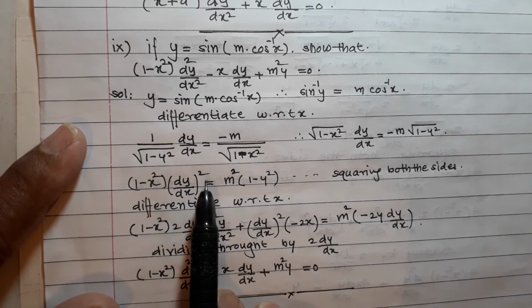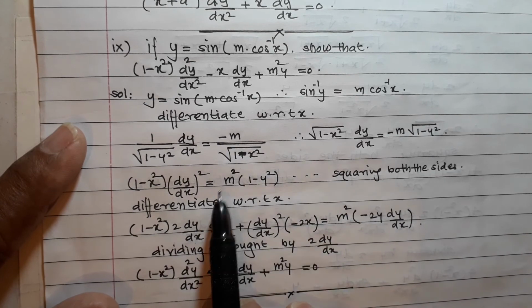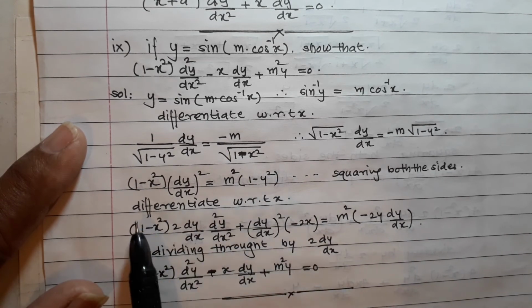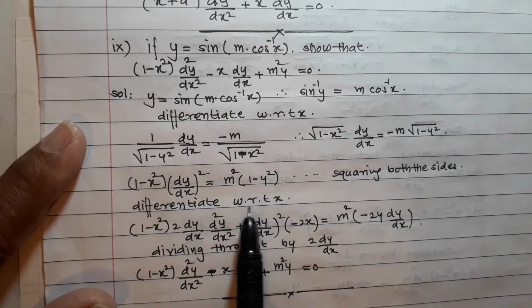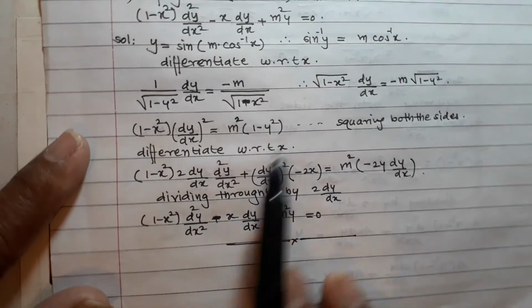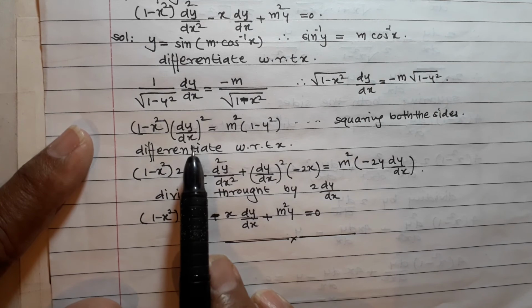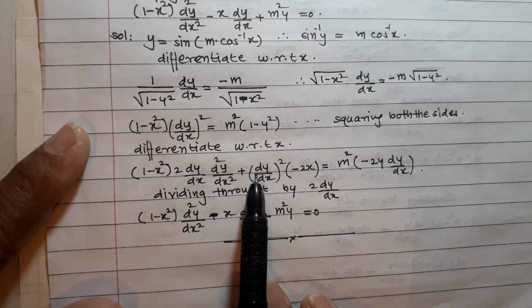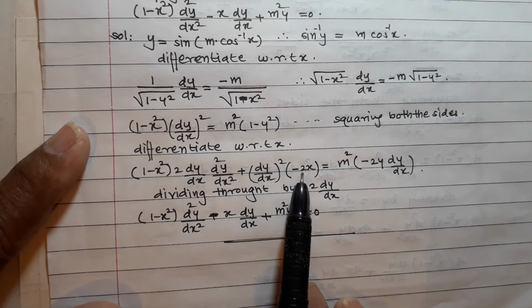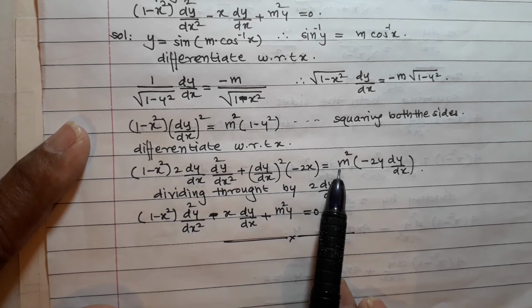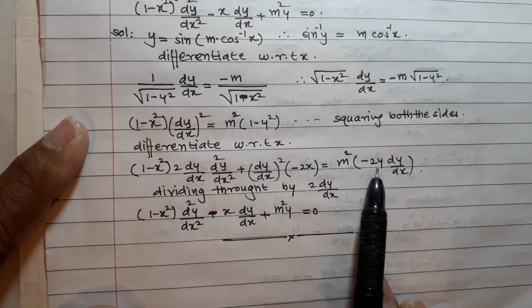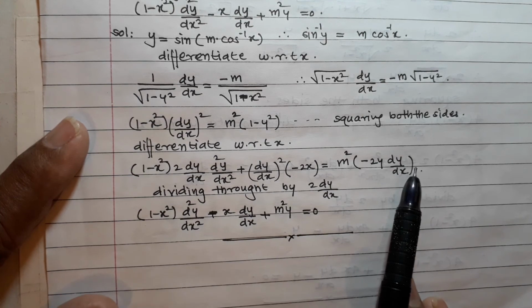dy dx square, squaring both the sides, m square into 1 minus y square, and now this you differentiate with respect to x. 1 minus x square into 2 dy dx d square y dx square, plus dy dx square into minus 2x is equal to m square, and derivative of this is minus 2y dy dx.